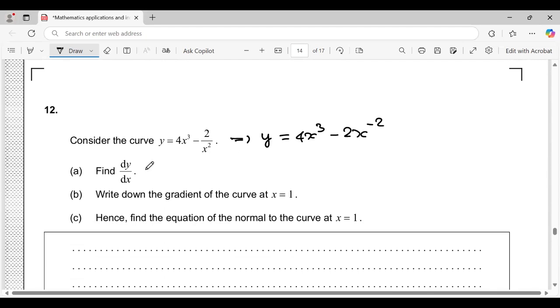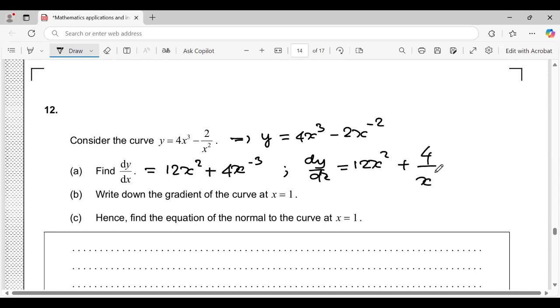That means dy/dx is 12x squared plus, because minus 2 times minus 2 gives 4, x to the power minus 3. So dy/dx equals 12x squared plus 4 over x cubed, like this.